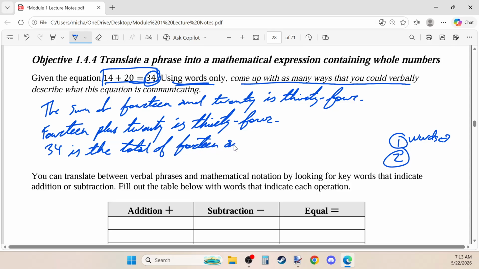Or however you want to do it. But it says come up with as many ways as you can. I'd say 3 or 4 is probably fine.